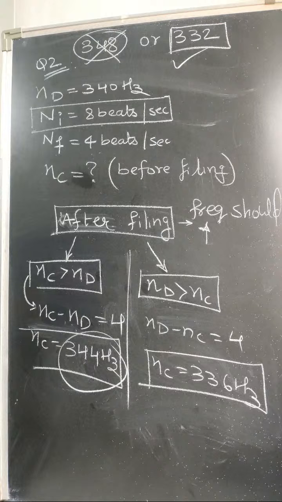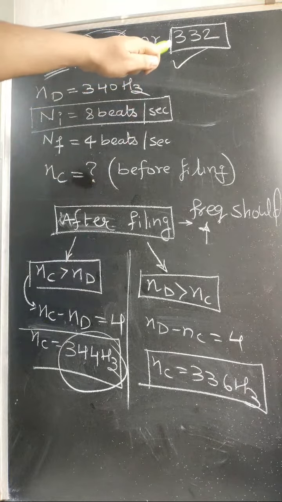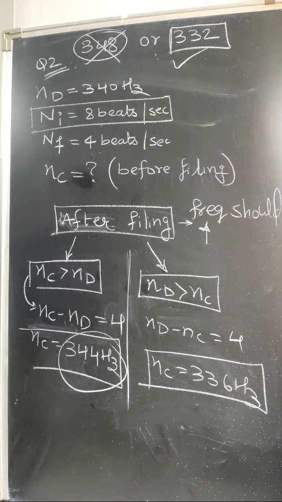Hence, frequency of tuning fork C before filing is 332 Hertz.